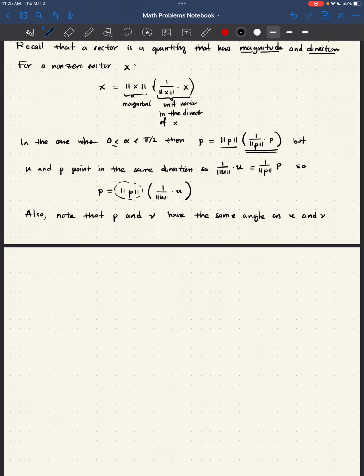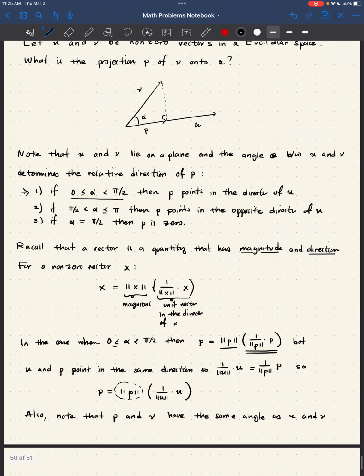But let's go back to the picture itself, and then we can recognize that there is a right triangle involved, this one that I'm circling. Now, what are the sides of this right triangle? If we make a reference to alpha, the angle here, the magnitude of P corresponds to the length of this side, while the magnitude of V corresponds to the hypotenuse of that right triangle. So we can summarize that information using trigonometric functions.